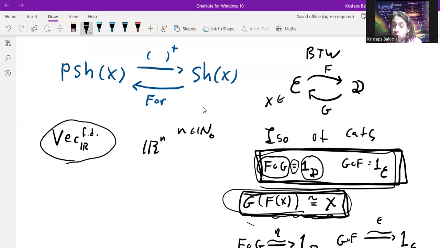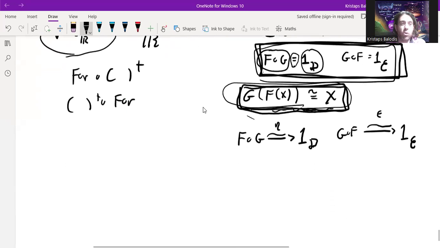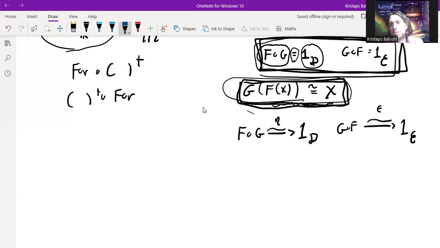Is it possible that they're isomorphic, right? If I compose the forgetful functor with sheafification or the other way around, right? Another way to say this in more down-to-earth terms, let's say, is, if I started with a pre-sheaf and I sheafified it, right?